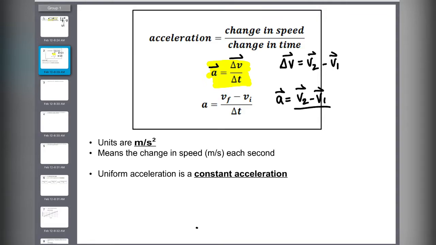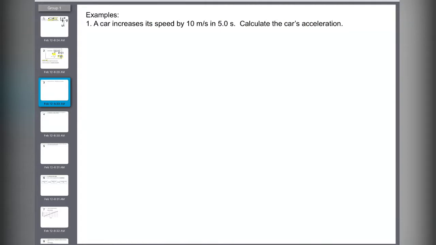So another way to write this is A is V2 minus V1 over delta T. This is the way that I would use this equation. There are 4 unknowns, and we're going to talk about how to rearrange it in a minute. The unit for acceleration is meters per second squared, and we usually talk about uniform acceleration, which means a constant acceleration.